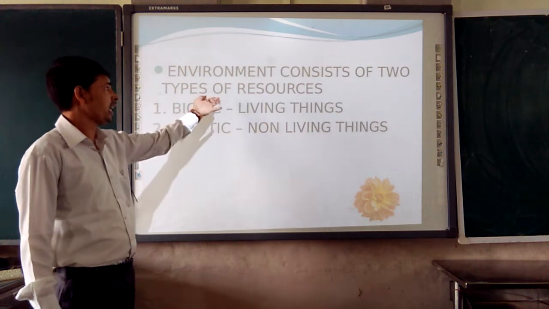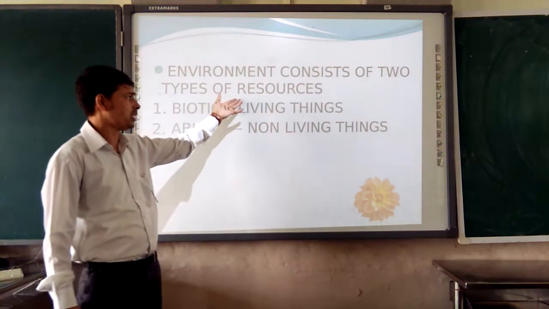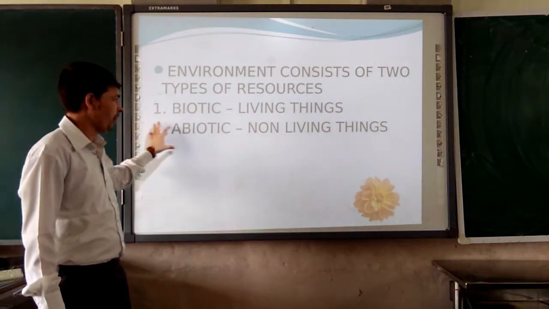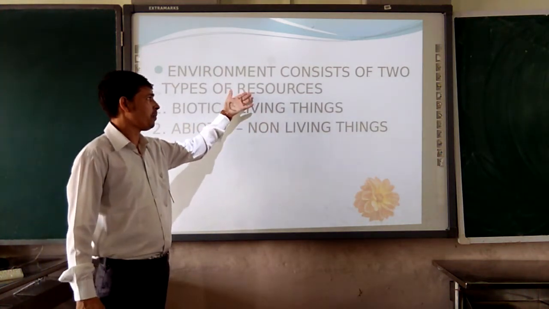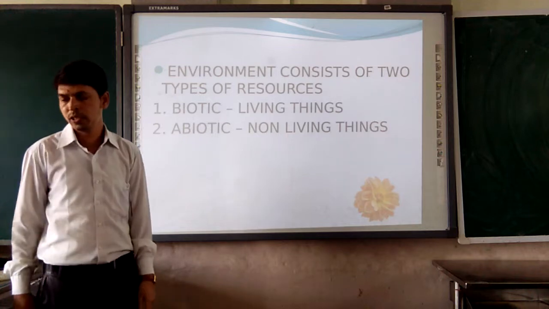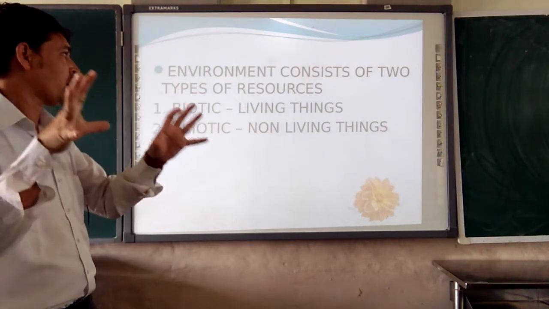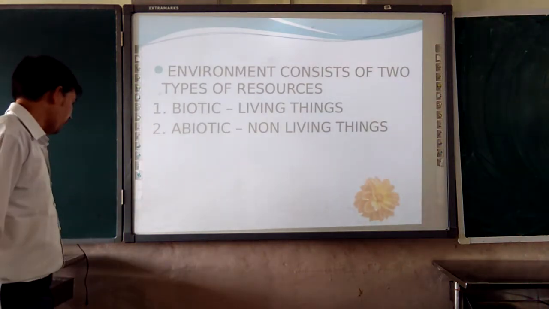From those, different types of resources are extracted and made. From the biotic also we are extracting many types of resources. So moving further, once again we will see the web of the components of environment.